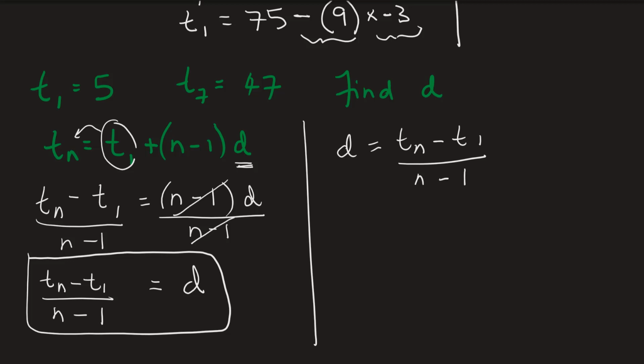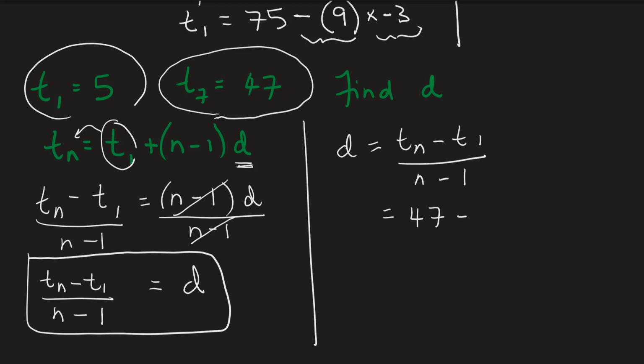And now we can put in the information that we know. For Tn, we're going to use this information because we know that the seventh term is 47. So 47 minus the first term, which is this one here, 5, over n, which is 7 and that's this number here, minus 1.